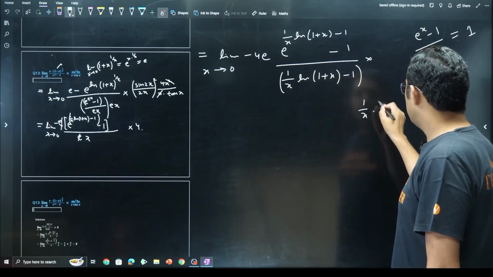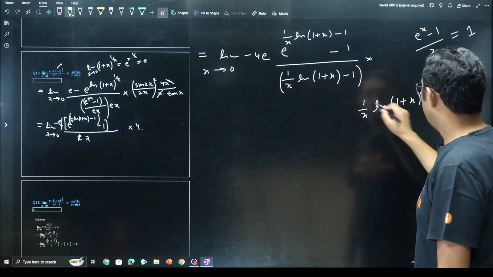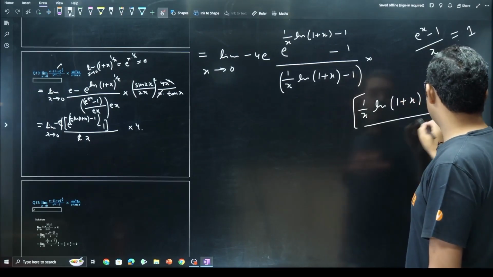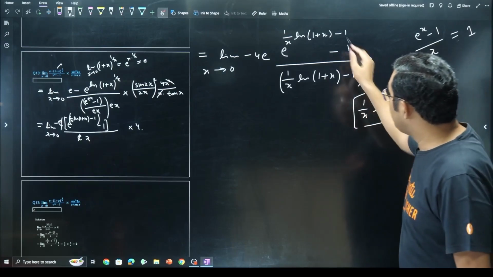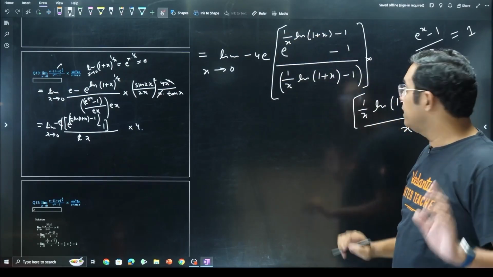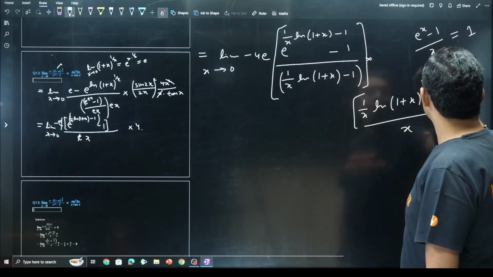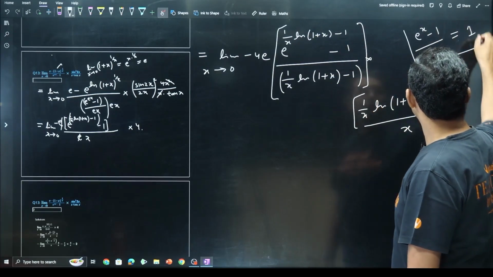And there was one extra x also, I will put it here. Now this bracket can again be written as 1, because these two things are same tending to 0. Using this standard result, we can write it as 1.